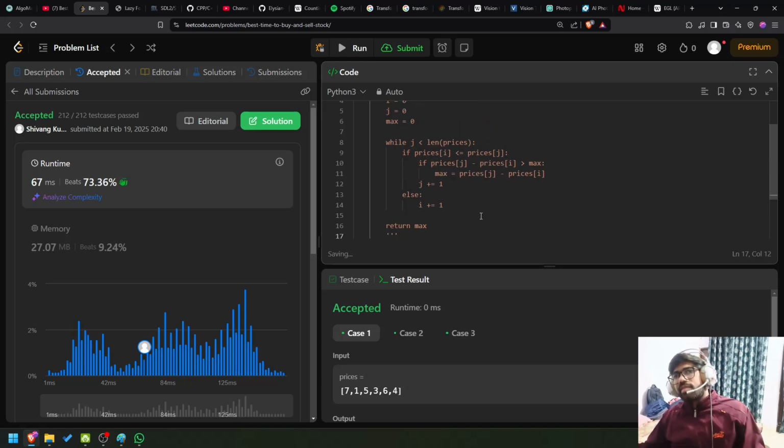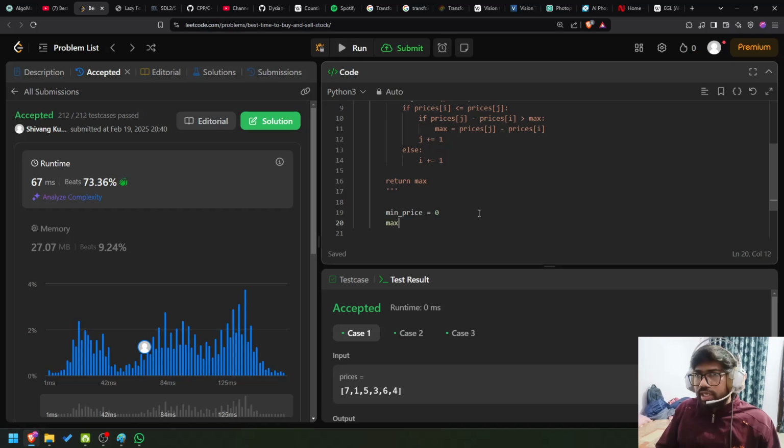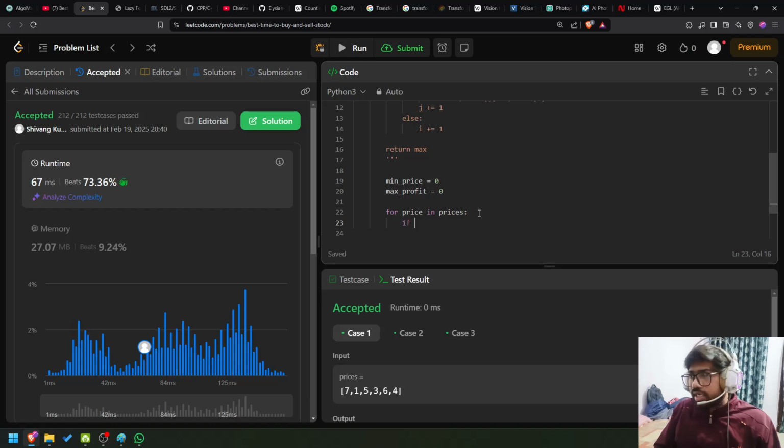Okay, so we'll go min price equals 0 and max profit equals 0. Then we'll loop for price in prices. If price is less than or equal to min price, right?